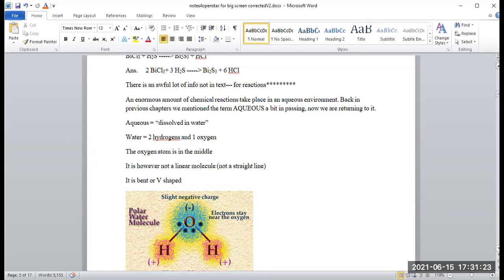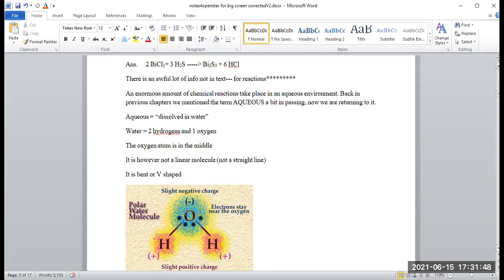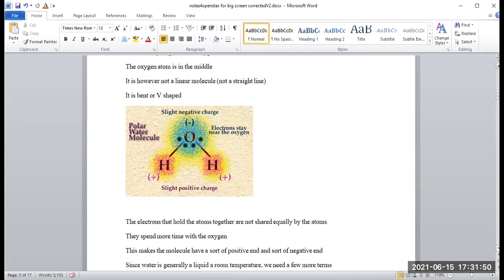It's not literally HOH as if you were drawing a number line for algebra class. It has a bend to it. You will see some textbooks refer to it as bent. You will see some textbooks refer to it as V-shaped.